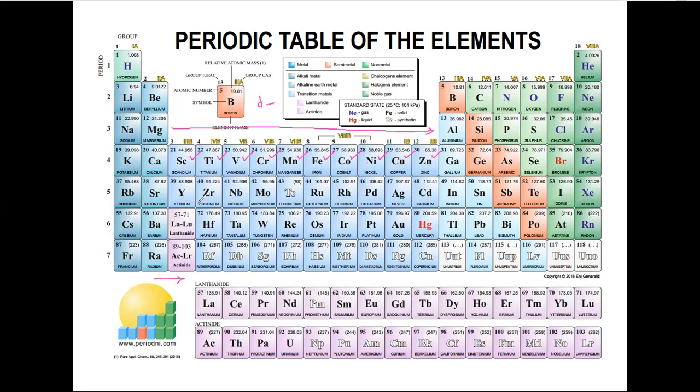Right. Now coming to the second transition series, this is the first transition series. Now we are going for the second transition series, starting with yttrium, zirconium, niobium, molybdenum, technetium, ruthenium, rhodium, palladium, silver, cadmium.